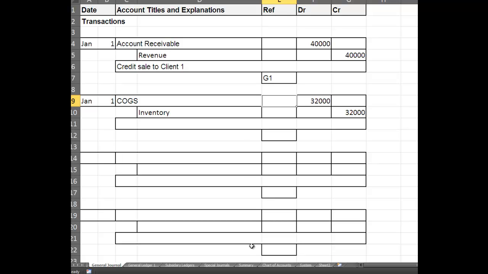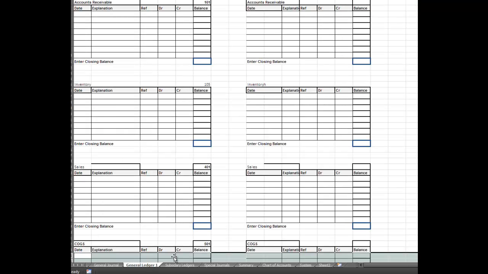Well, let me go to the general ledger, and let's say we did have an opening balance of inventory. 1 January opening balance, and we'll say we had $200,000 of inventory.